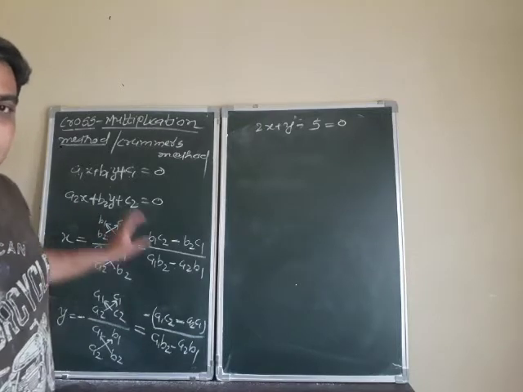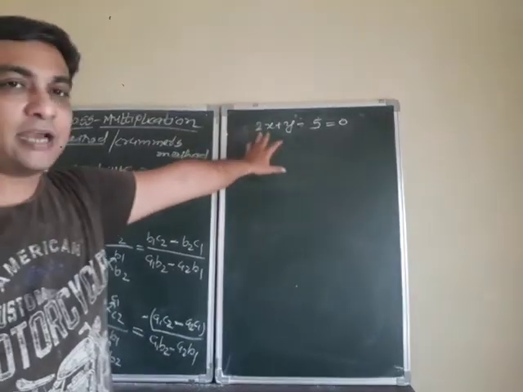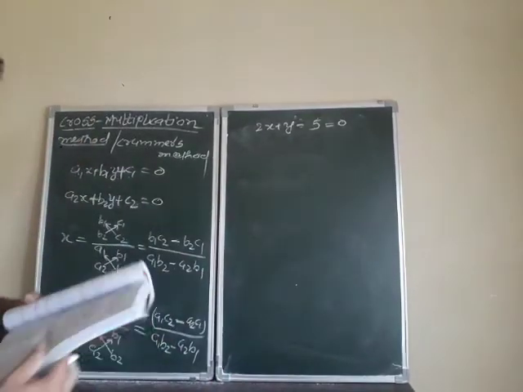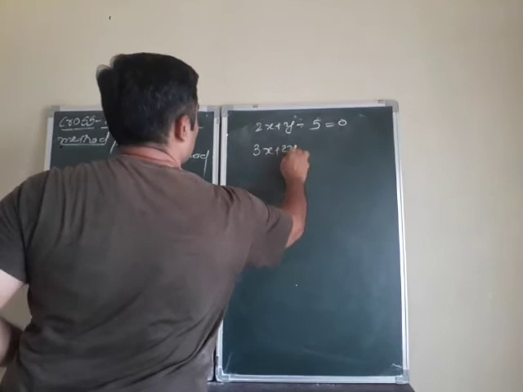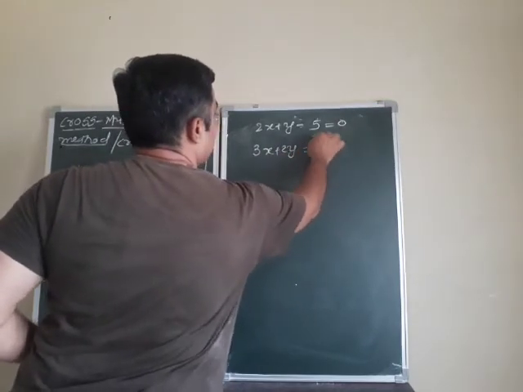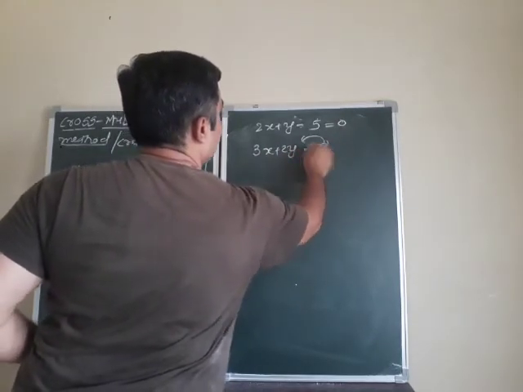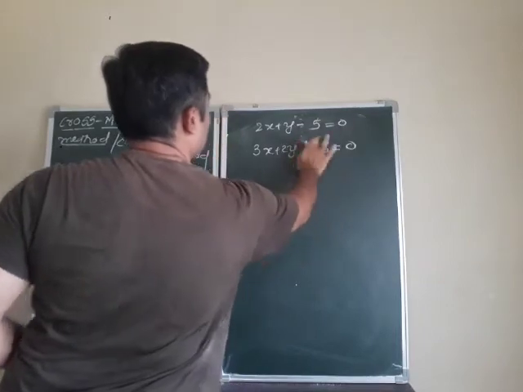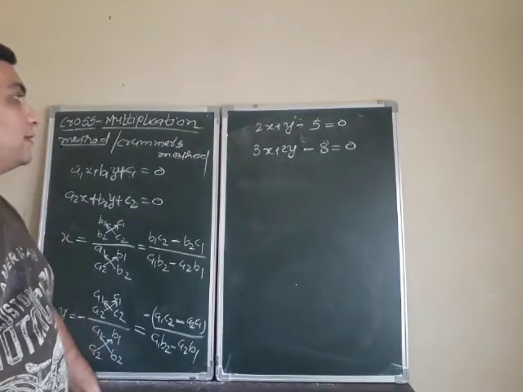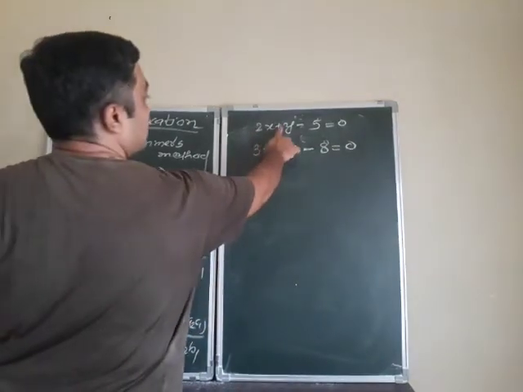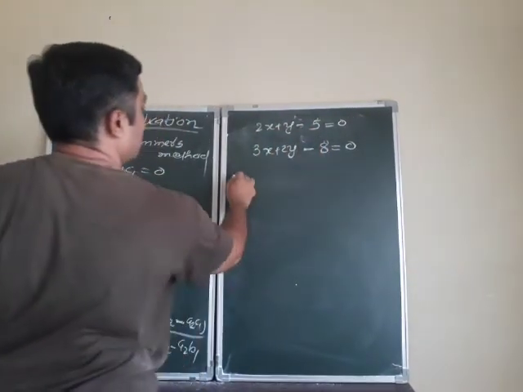So your system must be like this general form. Okay? The general method of how we write it, in the same way you express your system. See, the second equation is 3x plus 2y is equal to 8. This plus 8 on this side, so it becomes minus 8 is equal to 0. Okay? चलिए, ready? Fine. Now see, this is a1x plus b1y plus c1 is equal to 0.